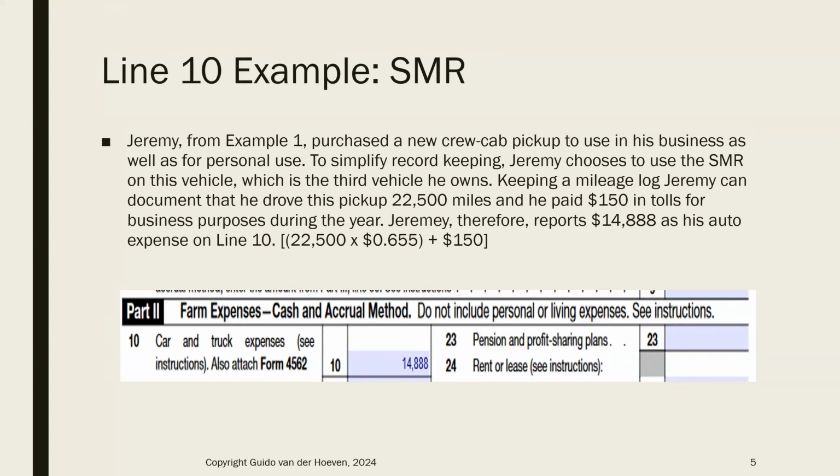So it's 22,500 times 65.5 cents. And we add the $150 for those tolls, and that's how we get that number. A little easier. I use this when I do my father's income tax return, because he just finds that this is a heck of a lot easier than keeping up with all those other receipts and stuff.